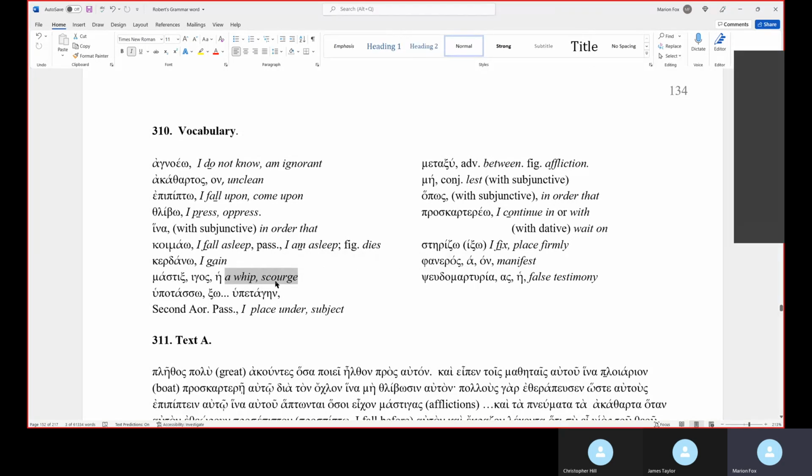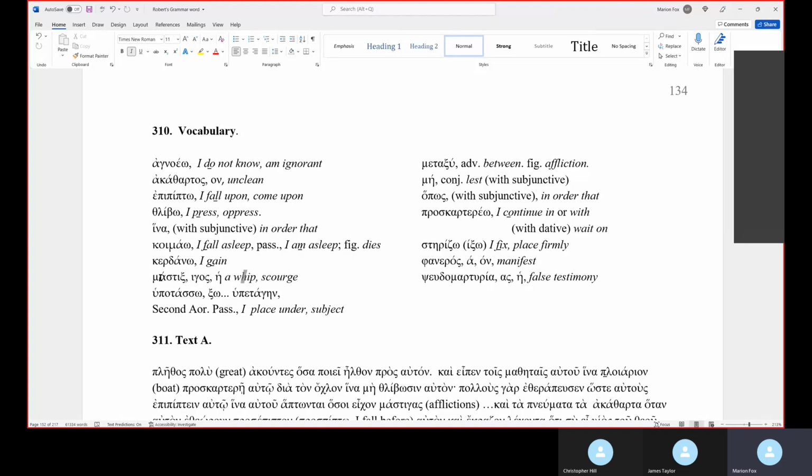But the scourge was a terrible thing. They would put bones and broken glass and pieces of sharp metal into different parts of that whip, in the strands of it. They would flay the back with it and then pull real hard to tear the flesh. Our Lord's flesh was torn terribly according to a prophecy in the book of Psalms.